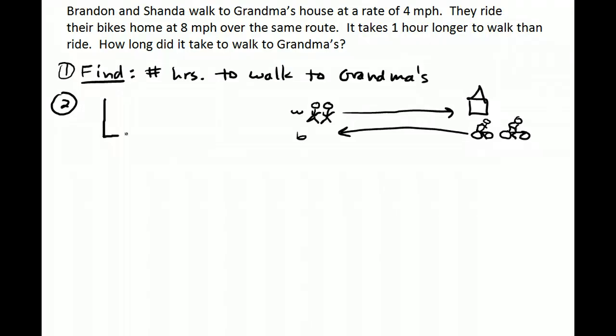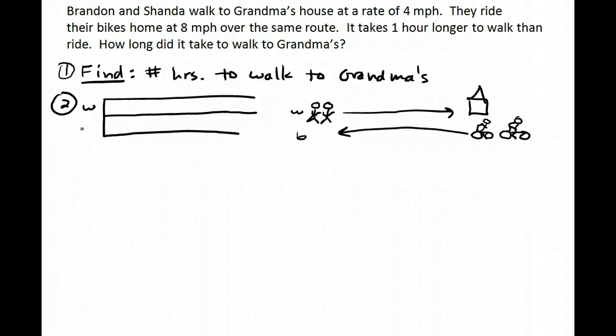So on our chart, I don't need to make a line for Brandon and for Shanda because they're together. Instead I need to say maybe walking and biking, or to and from, but I need my table to be the same as it was before. Rate times time equals distance. Alright, let's fill in our first 4 boxes.